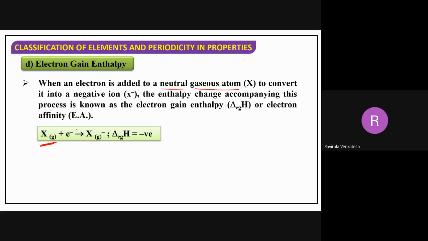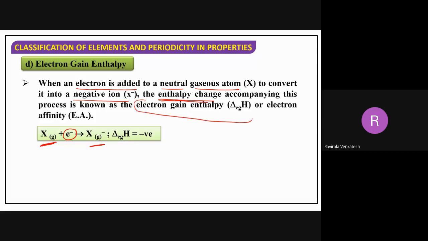Now, having added one electron, you get a mono-negative ion. In this case, the amount of energy exchanged is called what?